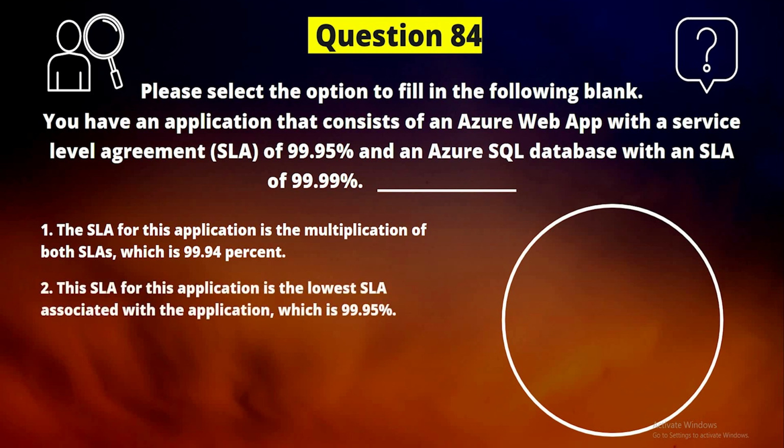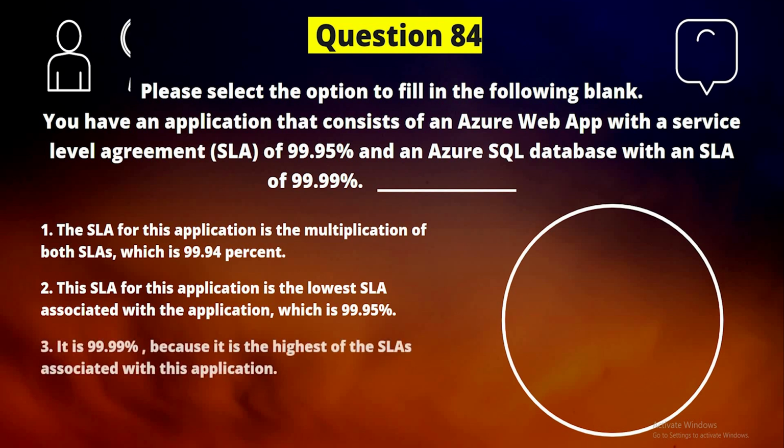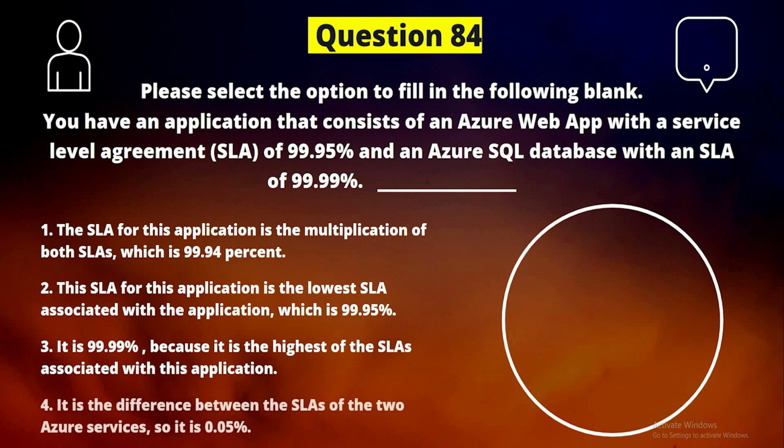Option 2. This SLA for this application is the lowest SLA associated with the application, which is 99.95%. Option 3. It is 99.99% because it is the highest of the SLAs associated with this application. And option 4. It is the difference between SLAs of two Azure services, so it is 0.05.